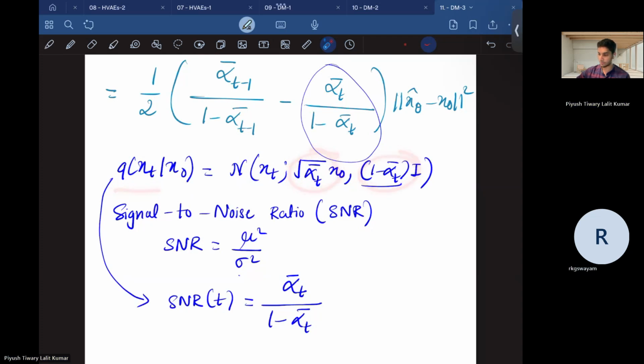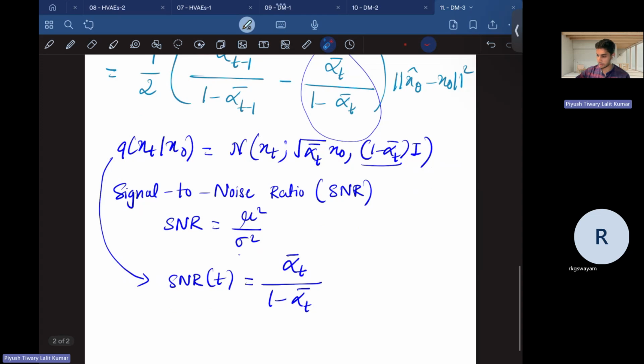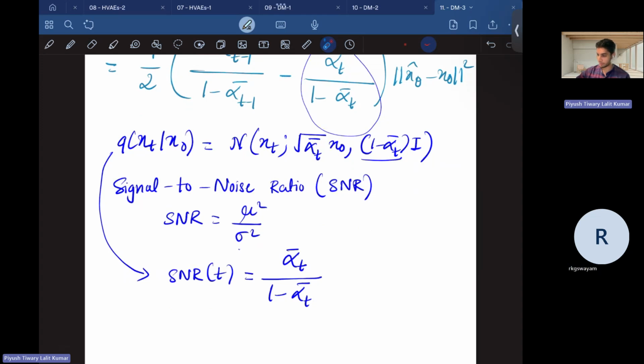Yes. In this case, you want to get the ratio of the signal to the noise. If I take the square of the second term in this distribution, this becomes alpha t bar divided by 1 minus alpha t bar whole square.